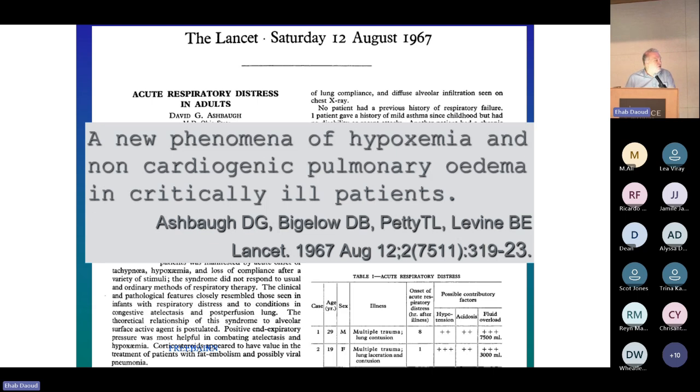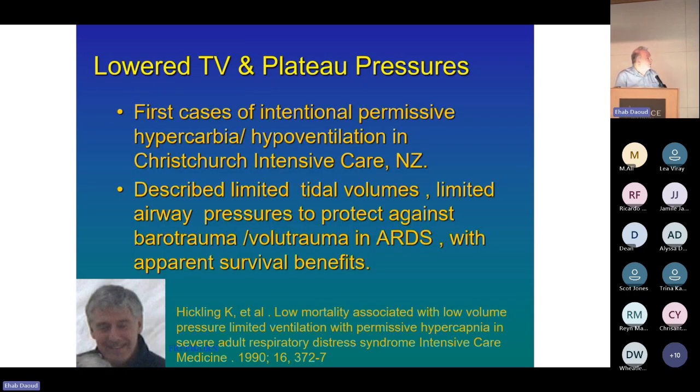We learned very soon after that, from this study by Webb and Tierney, that the high pressures and the lack of PEEP increased the risk of lung injury. And it was sometime later that Keith Hickling described the use of protective ventilation using permissive hypercapnia, and described limited tidal volumes as a way to protect against the effects of ventilation on ARDS.